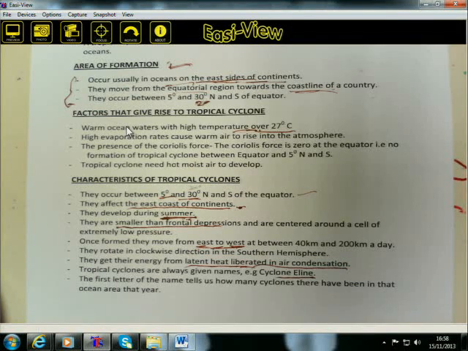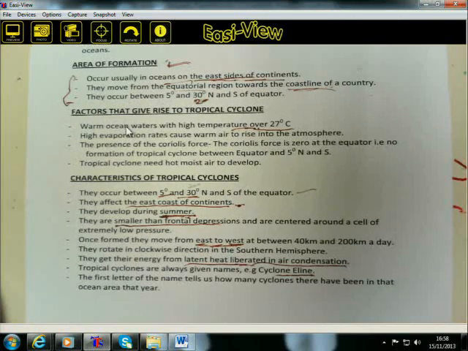The first letter of the name tells us how many cyclones there have been in that ocean area that particular year. Whenever a tropical cyclone is given a name, we look at the first letter.